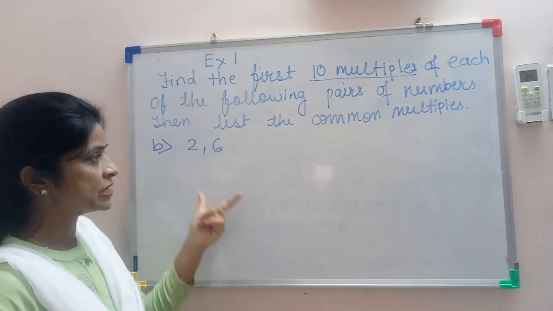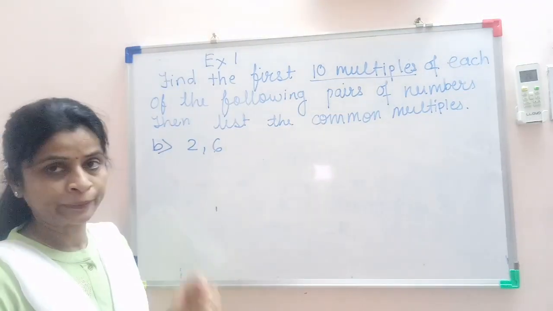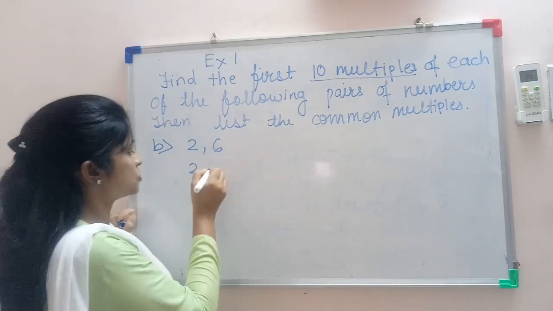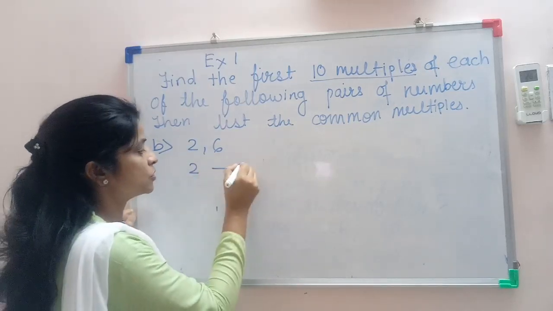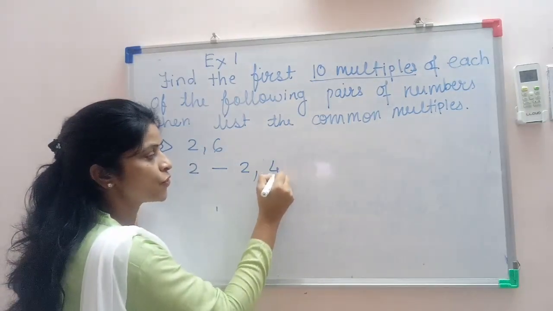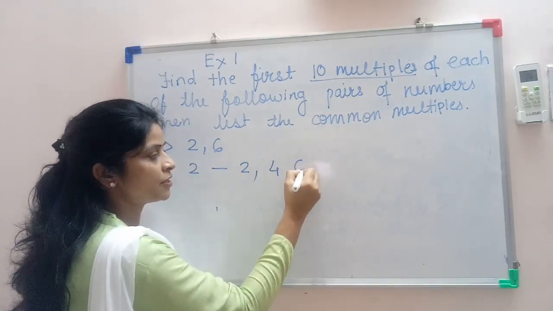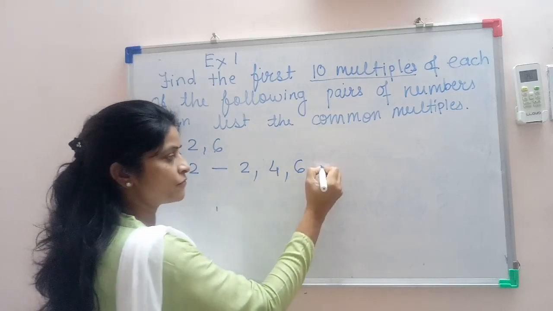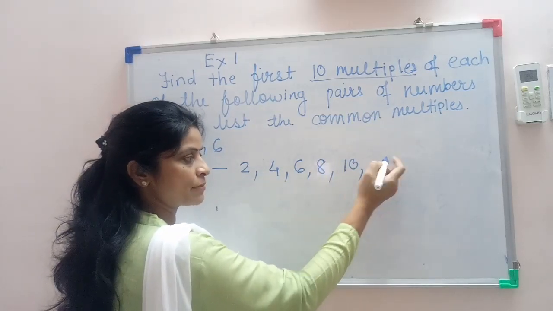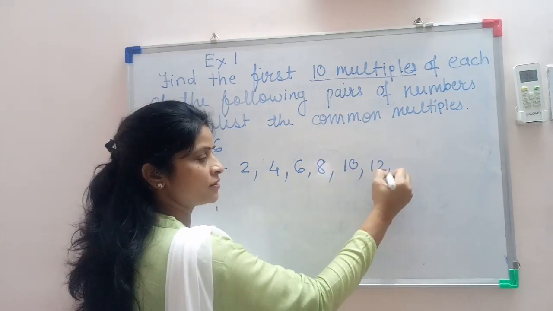Next example, again we have to find out the first 10 multiples of 2 and 6. After that we have to list the common multiples of this pair. Now first of all, the 10 multiples of 2 are 2 multiplied by 1 is 2, multiplied by 2 is 4, multiplied by 3 is 6, 2 multiplied by 4 is 8, multiplied by 5 is 10, multiplied by 6 is 12.